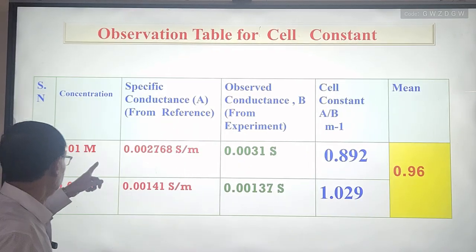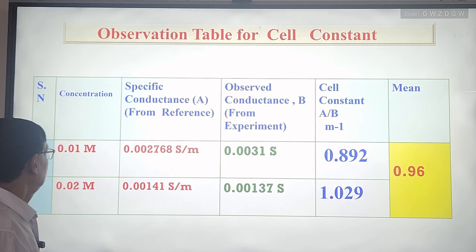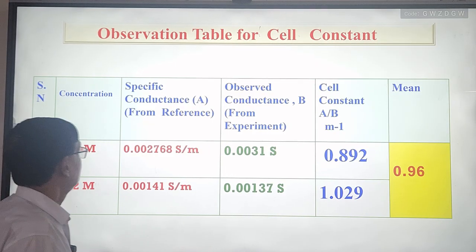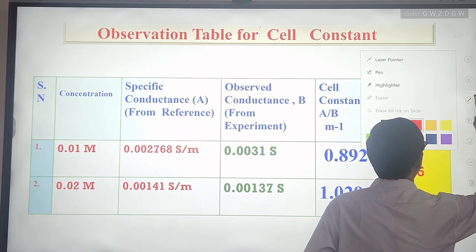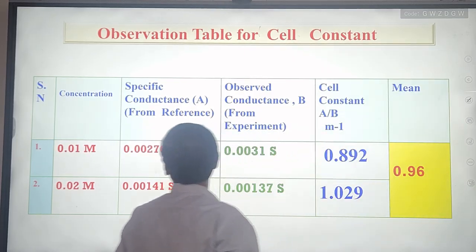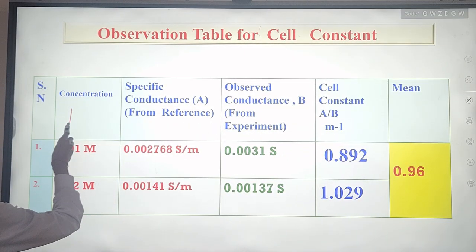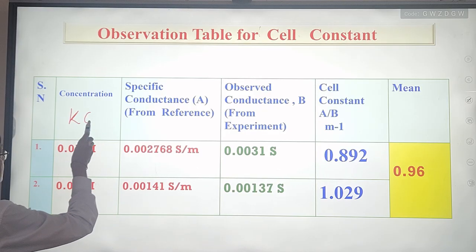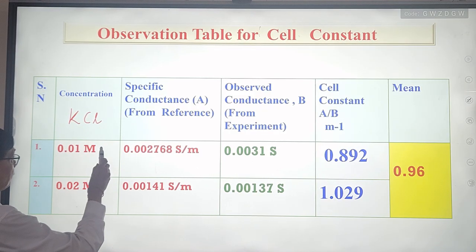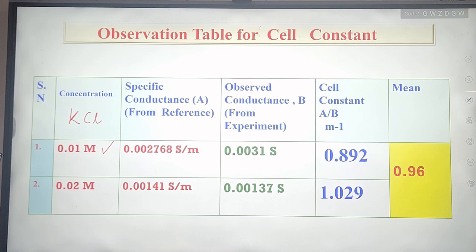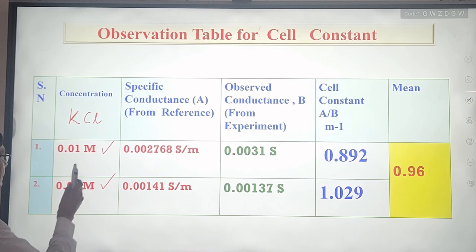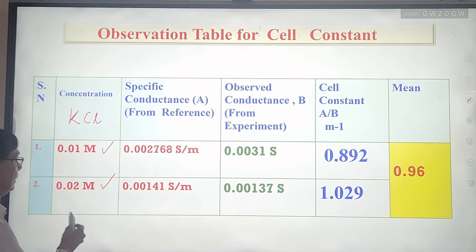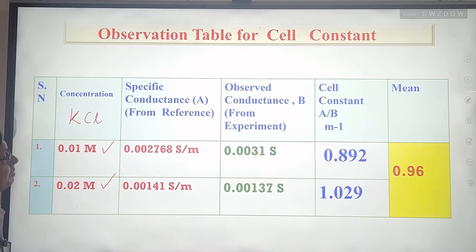Anyway, so you have prepared two solutions, KCl solution. First you have prepared 0.01 molar KCl solution and 0.02 KCl solution, you can write like that, M/100, M/50.